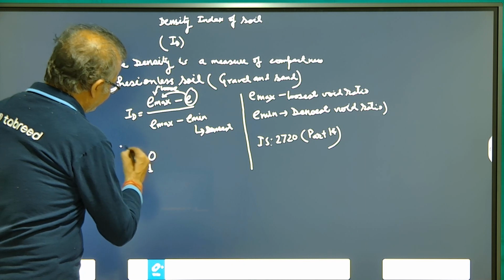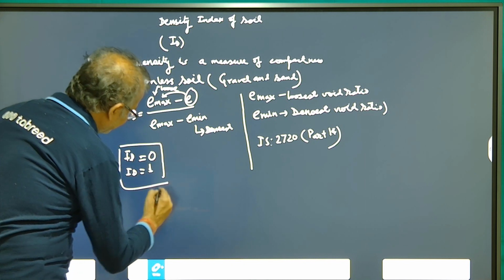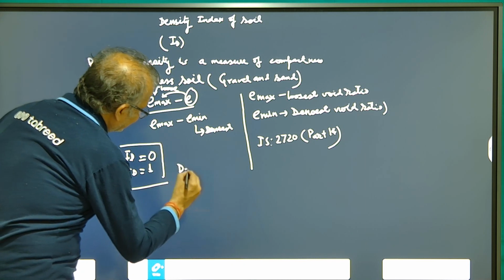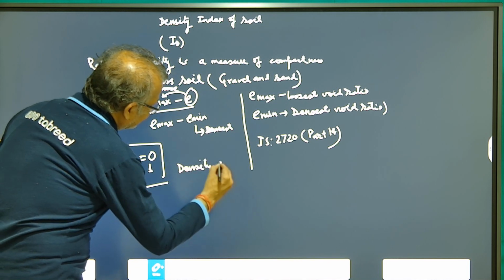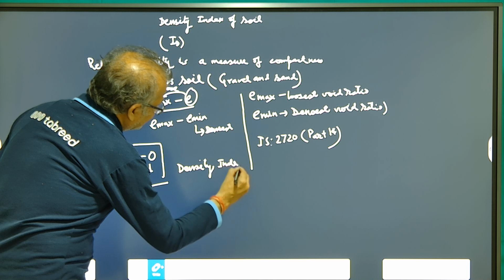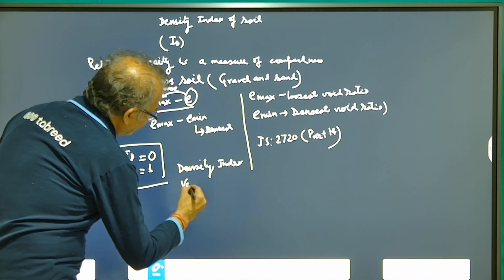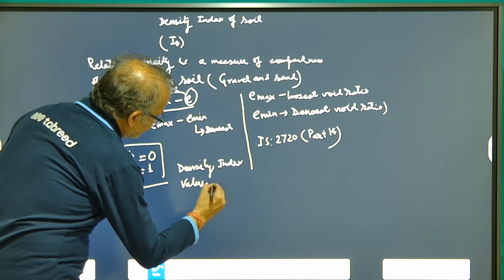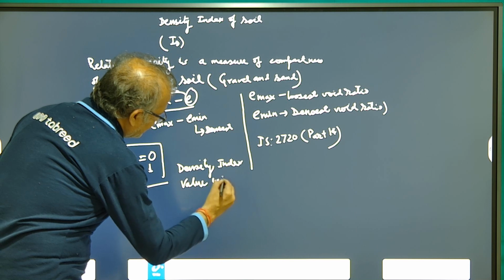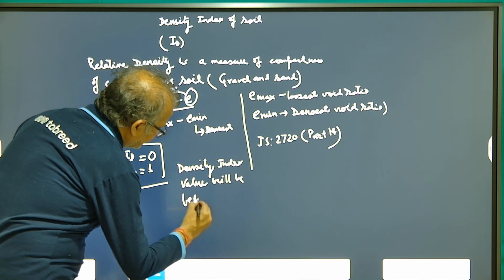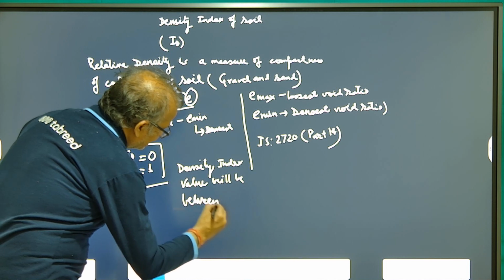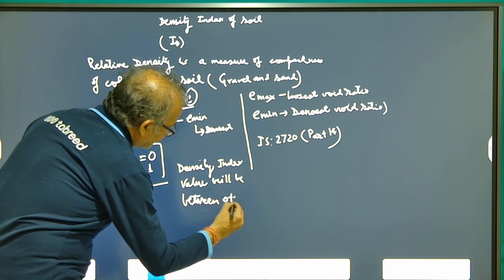So the value of density index will vary from 0 to 1.